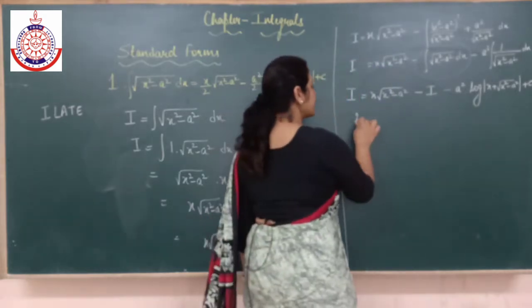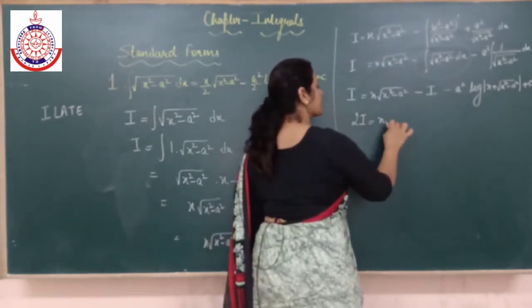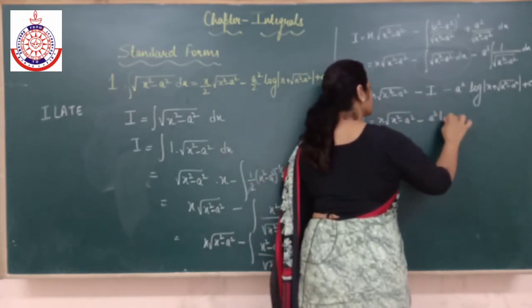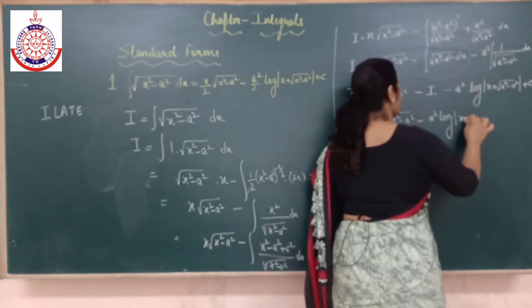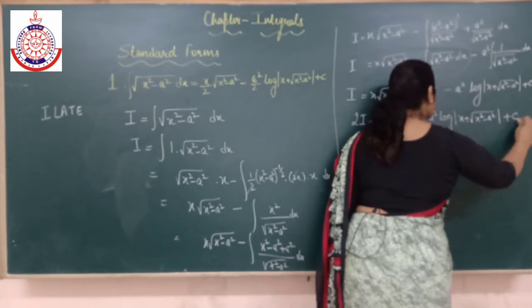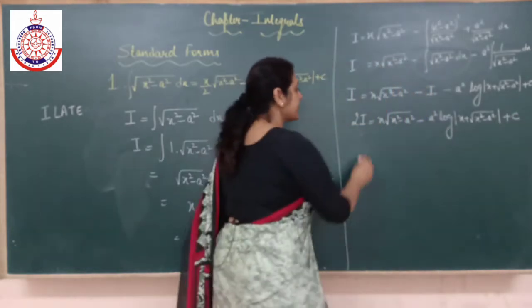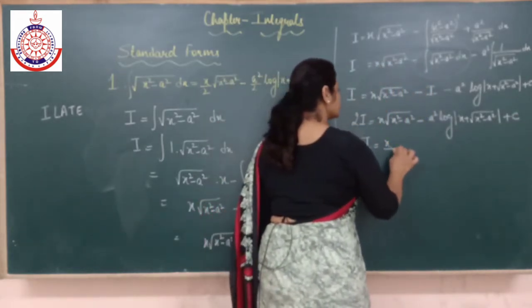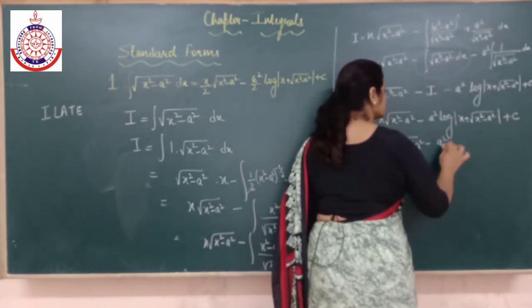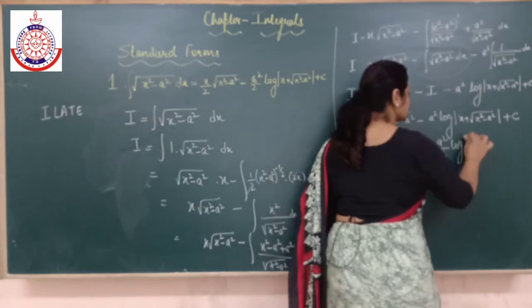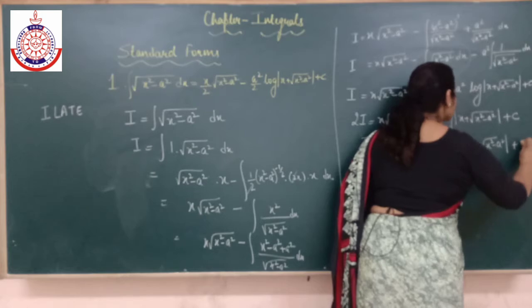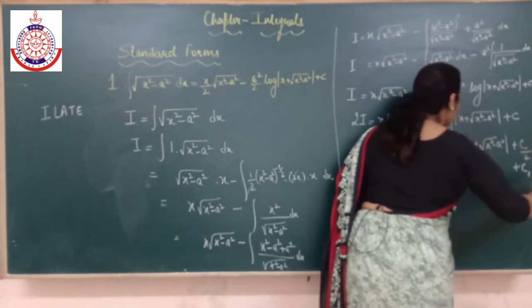Alright, I will bring this to this side. This 2 will go to that side. And c by 2 again can be written as some constant.